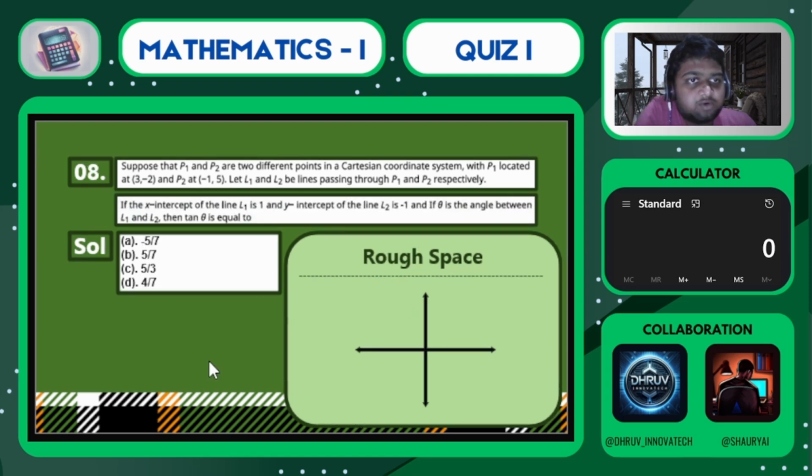Next question, we have to find the value of tan theta. So first we will need to find the angle theta.